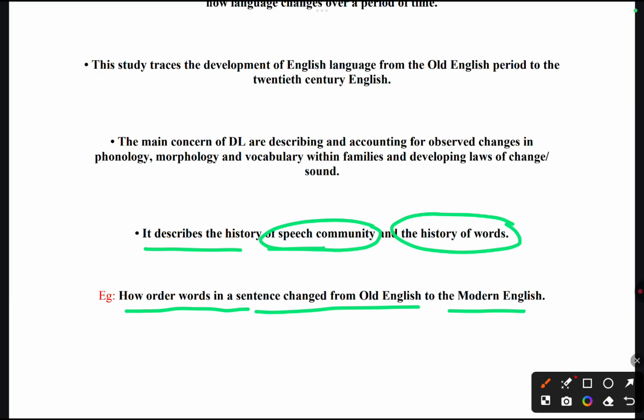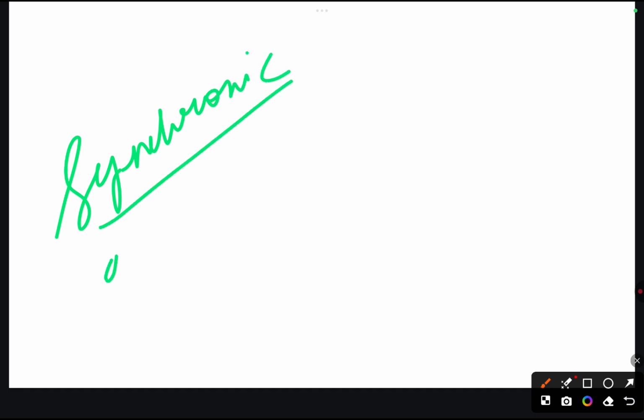So this was the synchronic and diachronic approach to study a language. In simple terms, again I'm saying, in the synchronic approach, you will study the function, the features of a language at a particular point of time, in a particular phase.